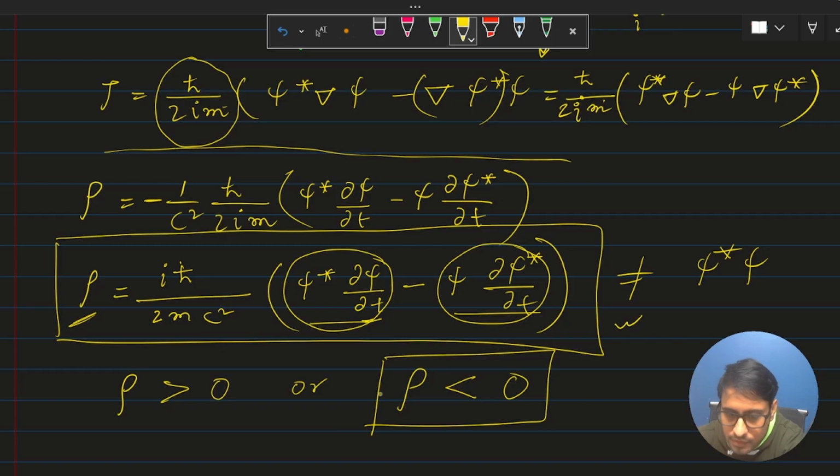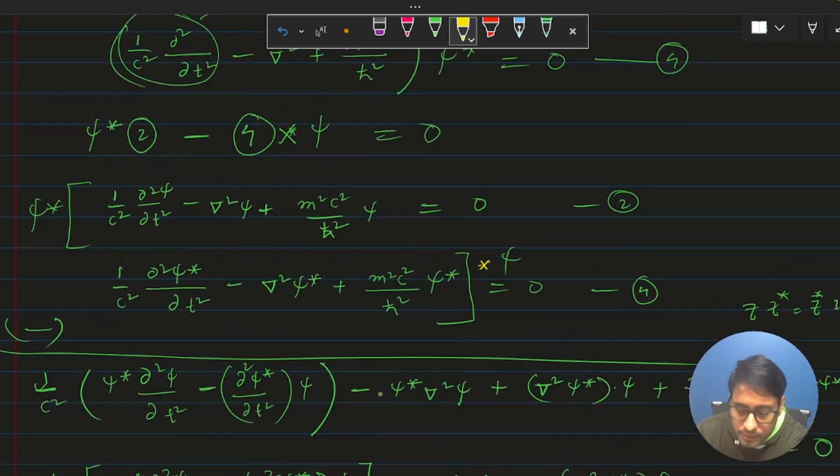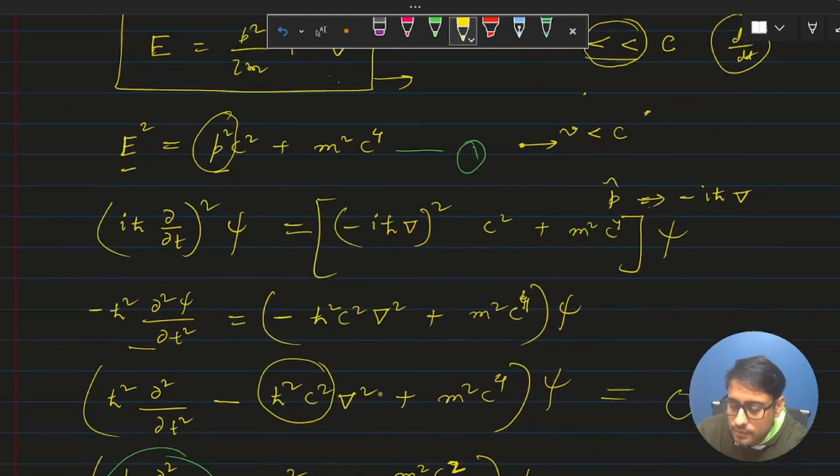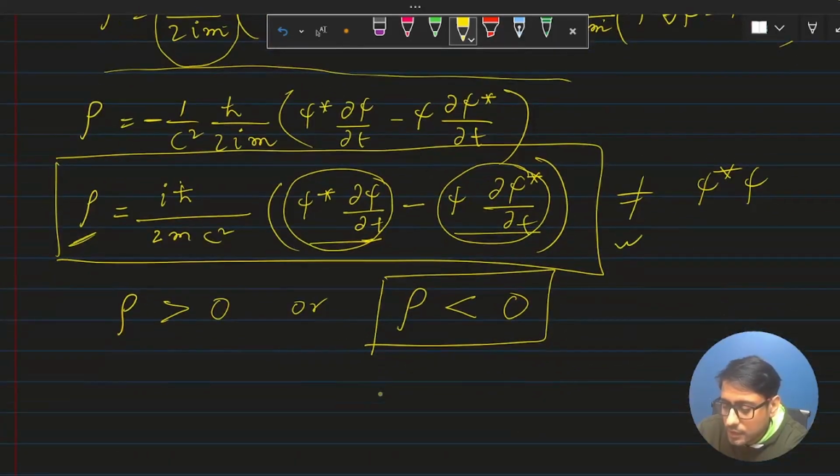Because of this reason, the equation we derived after quantization of the relativistic energy expression cannot be accepted as the energy quantization for a relativistic particle.